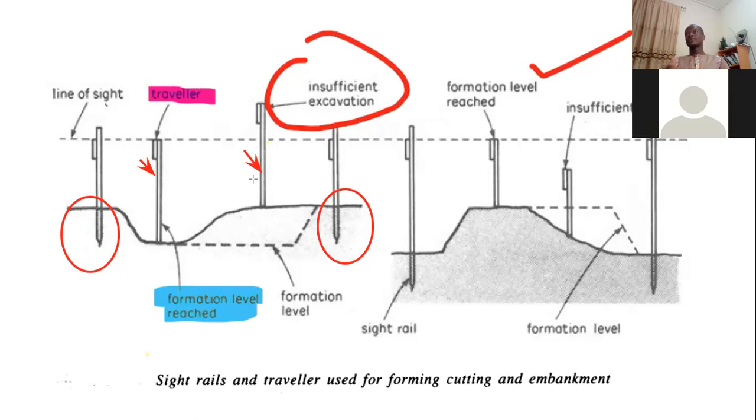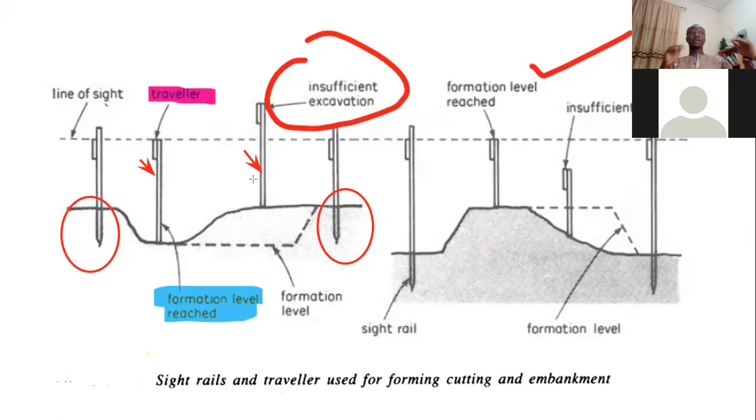Of course, if you are constructing a road, lasers may not be the ideal thing, but you can use laser levels, and the concept is the same. You somehow fix a plane, a level, the line of sight, and that line of sight has a certain gradient.